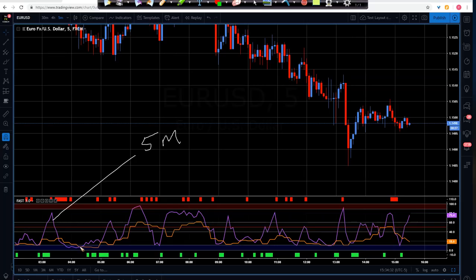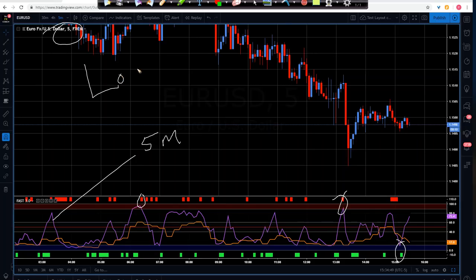They're associated with the purple wave. Same thing with the reds at the top. This red is associated with the purple wave. This red is associated with the purple wave. This green is associated with the purple wave because we're on a 5-minute chart. On a 5-minute chart, the local wave is 5 minutes. And these trend bars operate to tell you what's happening at the time period you're on.